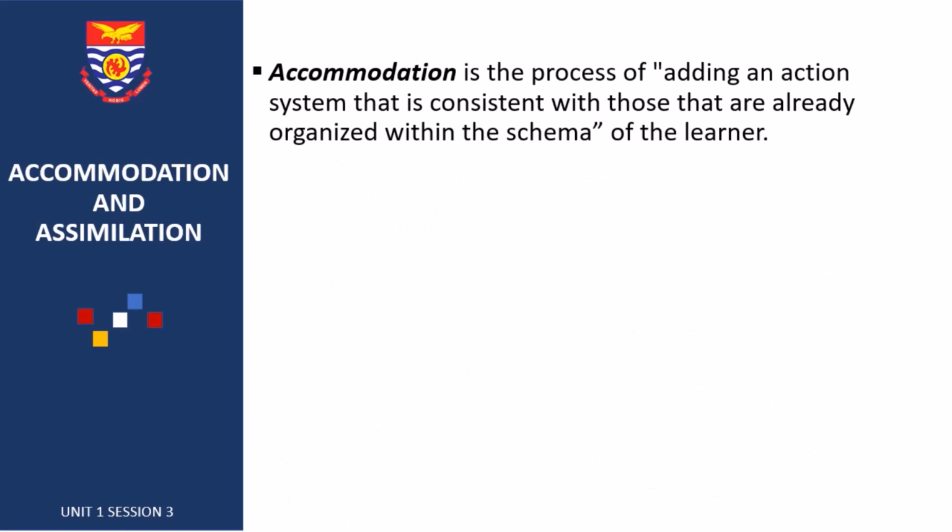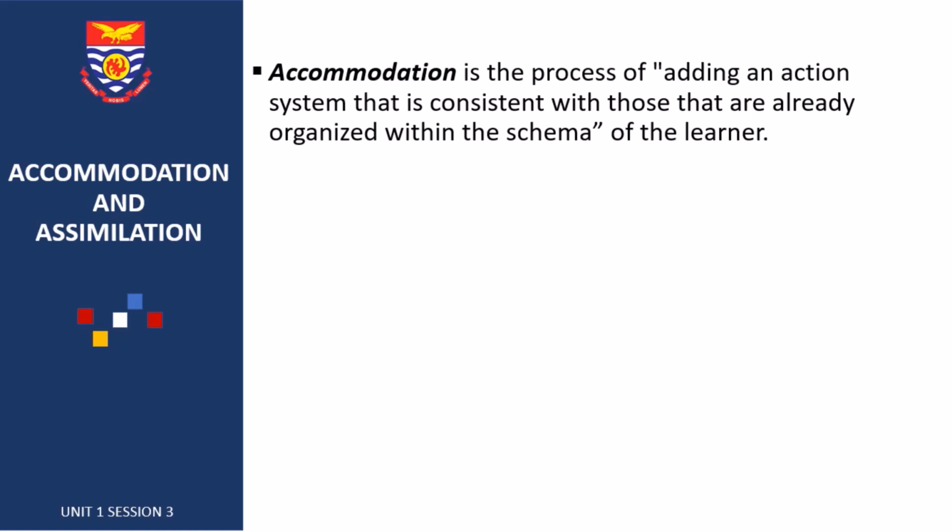Accommodation is the process of adding an action system that is consistent with those that are already organized within the schema. In other words, adding experiences that have good connections with what you already know, or the schema that you have built already.